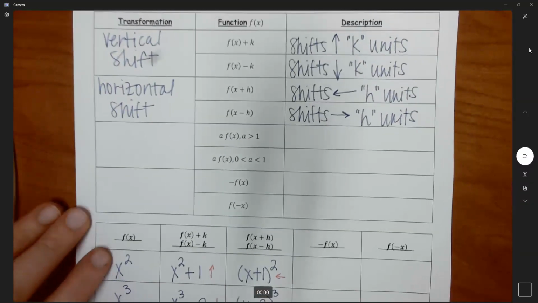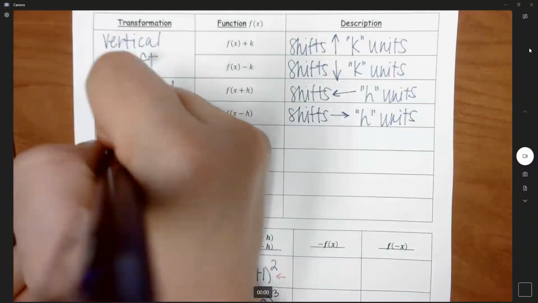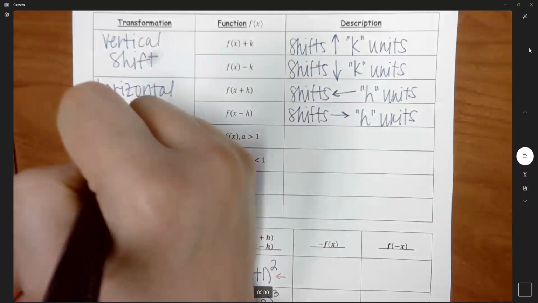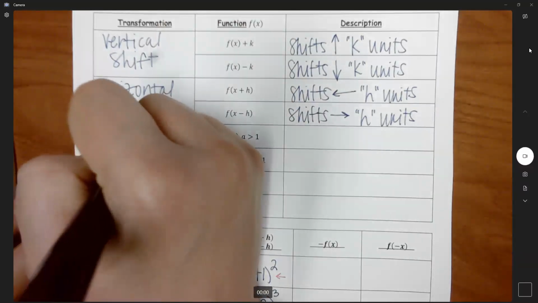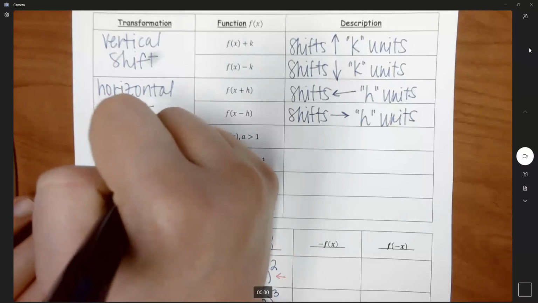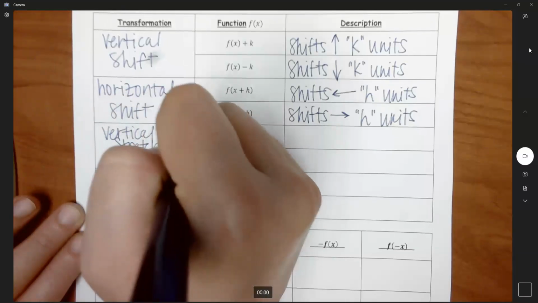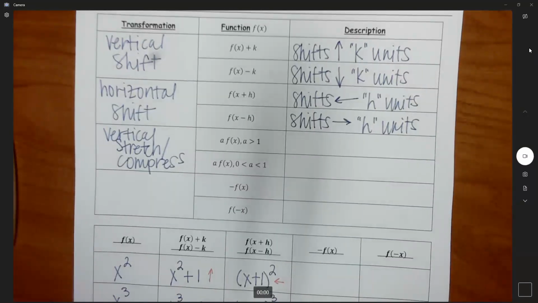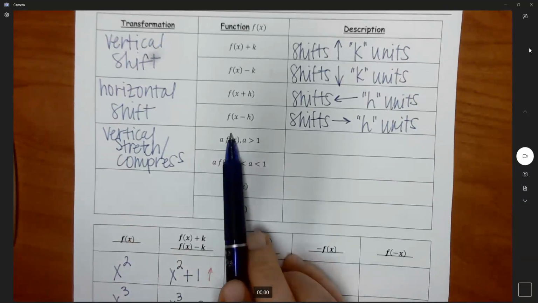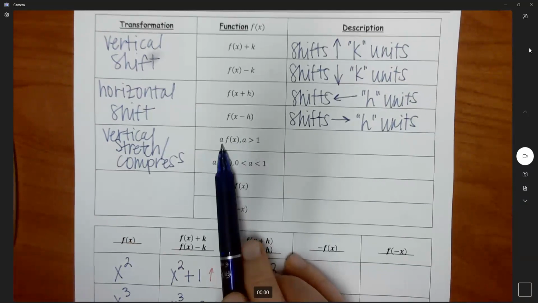Okay, the next thing we're going to go over is vertical stretches and compresses. When I have my function and I multiply something in front, and whatever this something is, we're calling it a.